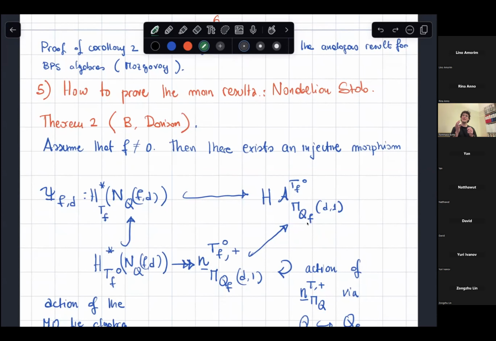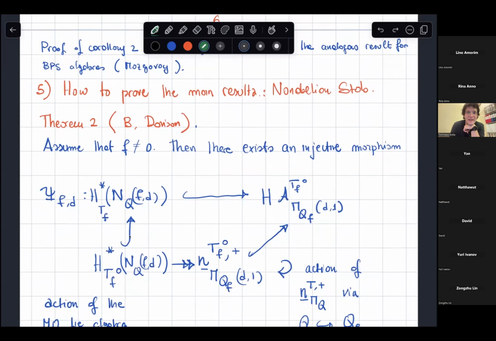Here I'm considering the cohomological algebra of the preprojective algebra of the framed quiver. This is natural because I want to connect with quiver varieties, which are framed. And what we do with Ben is construct an injective morphism between these two spaces.